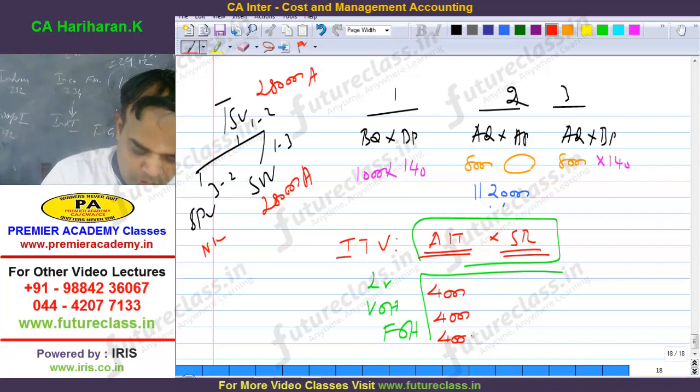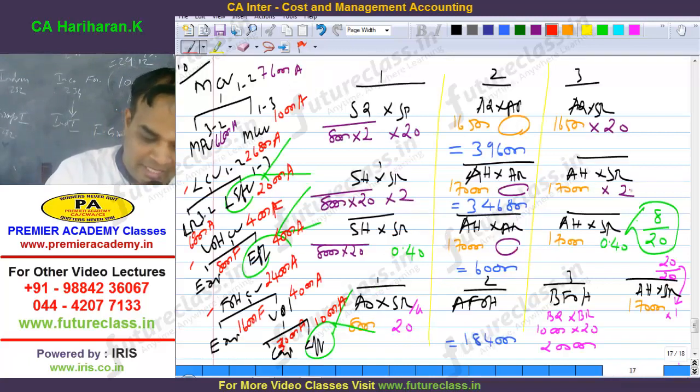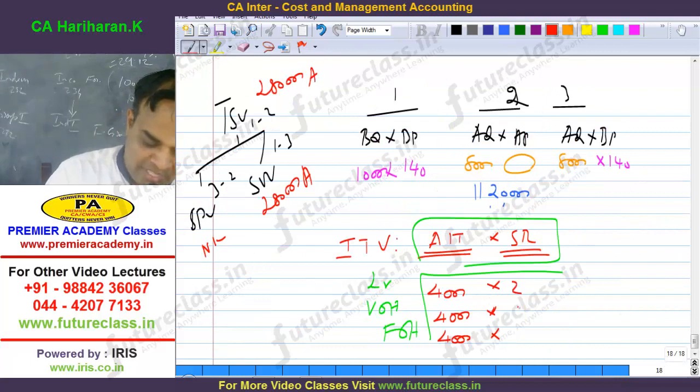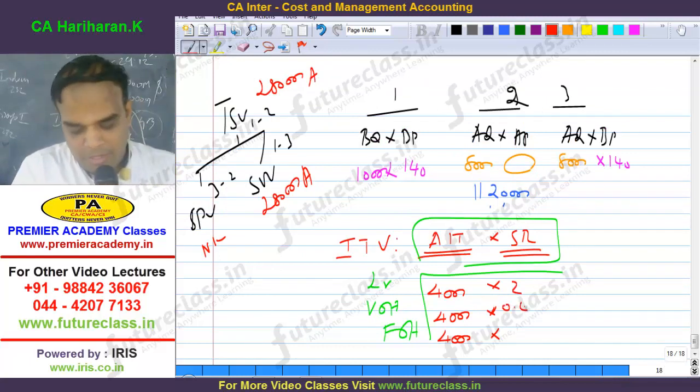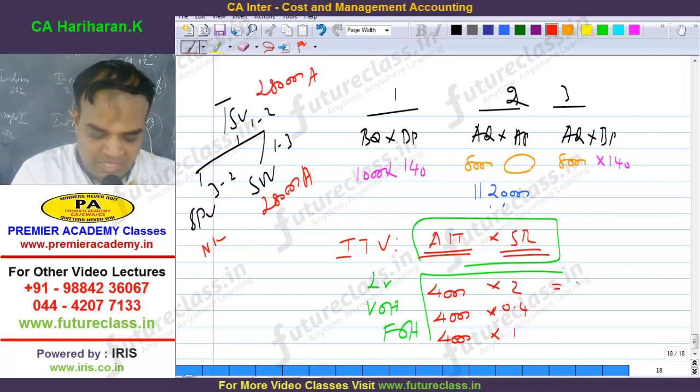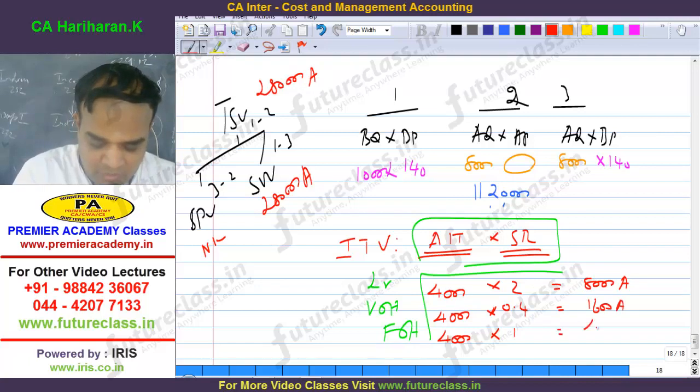Standard rate in case of labor is 2 rupees, variable overhead 0.4, fixed overhead 1. Therefore, 8,000 adverse, 1,600 adverse and 4,000 adverse.